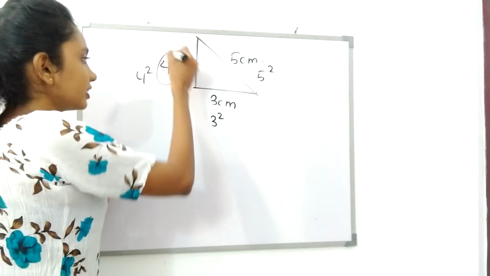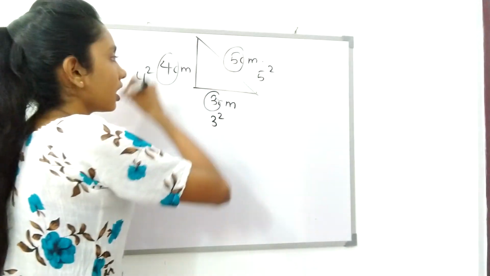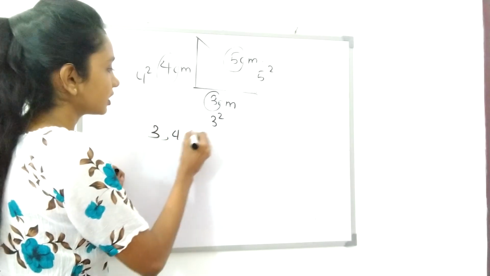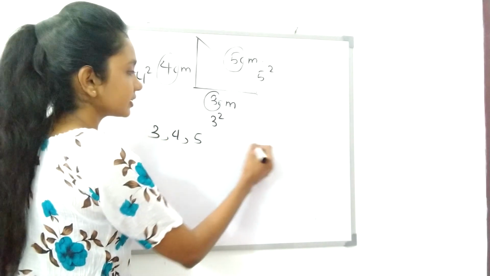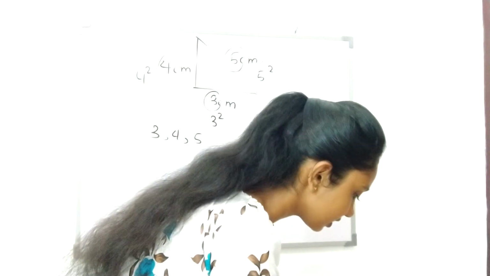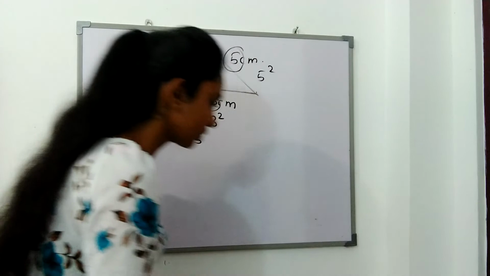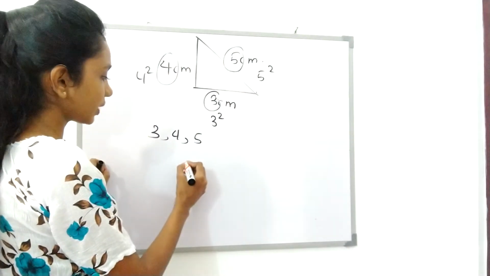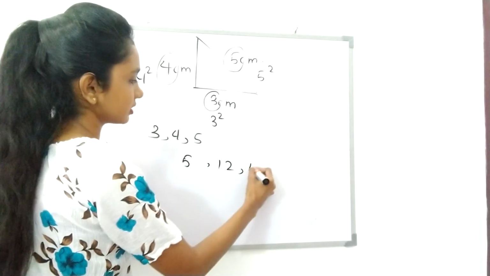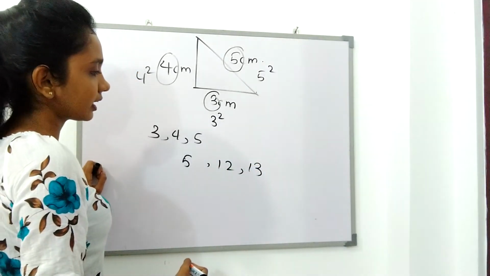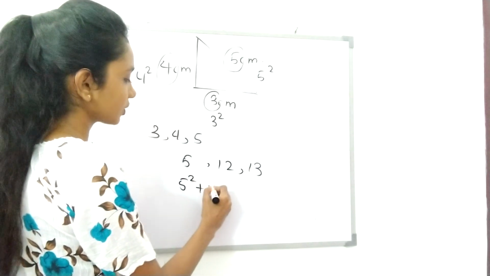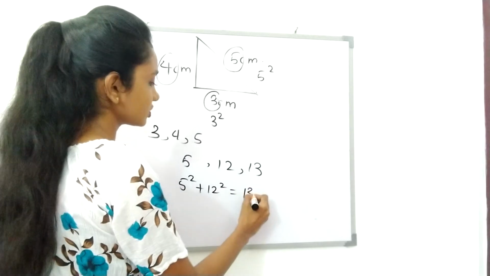So these three values are known as Pythagorean triples. So 3, 4, 5 are Pythagorean triples. We can have lots of numbers like that. If we take 5, 12 and 13, we can name that also as Pythagorean triples, because 5 squared plus 12 squared equals 13 squared.